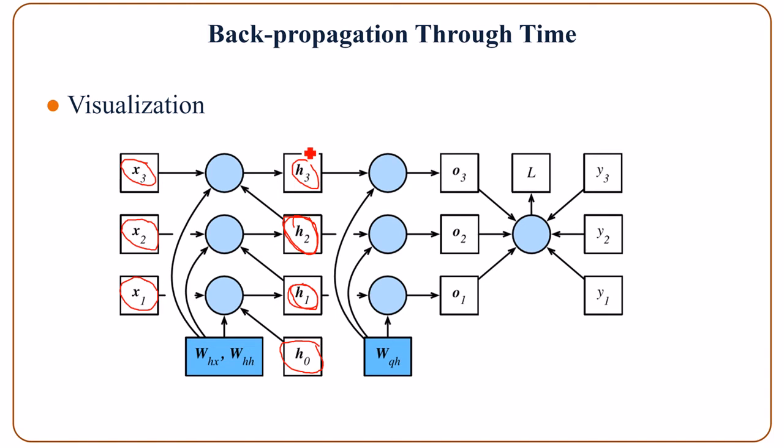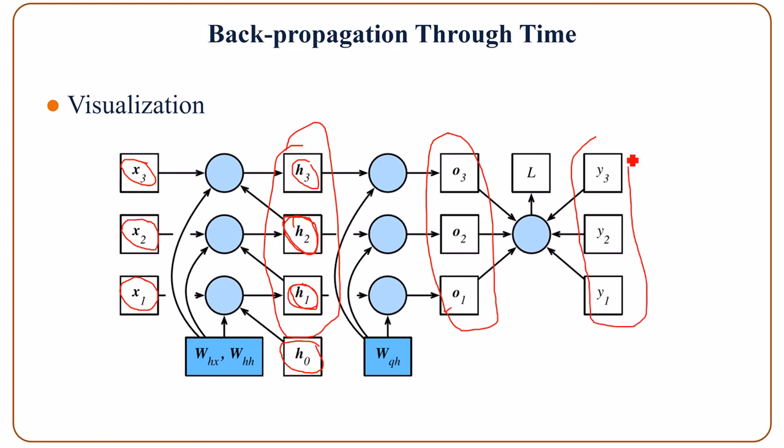The hidden states make up the output. The outputs are compared with the true values to get the loss.